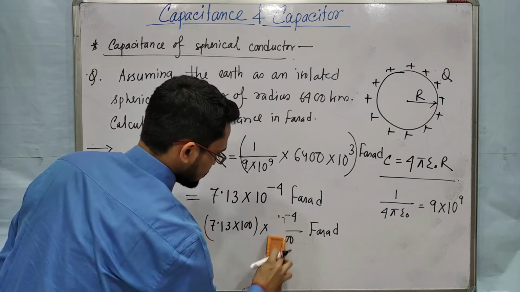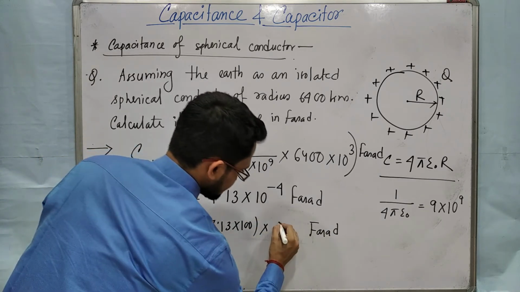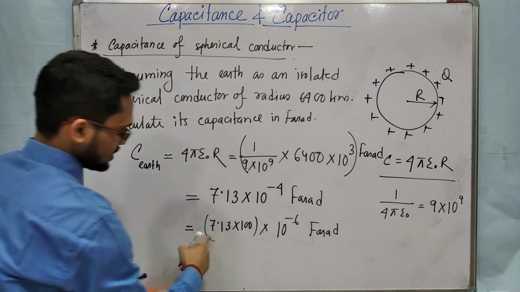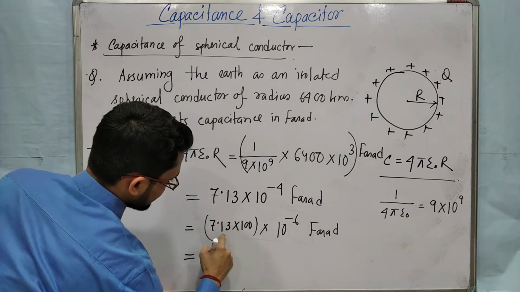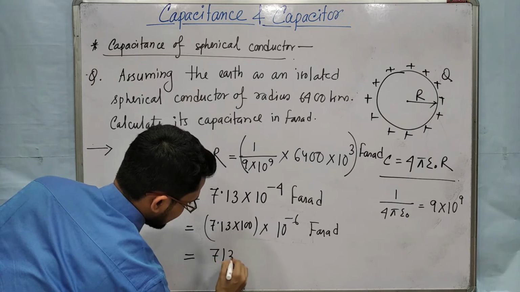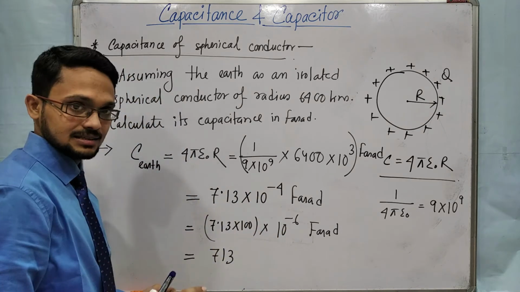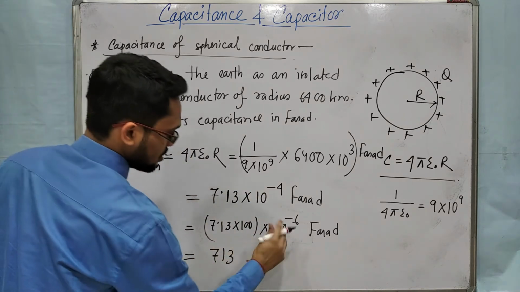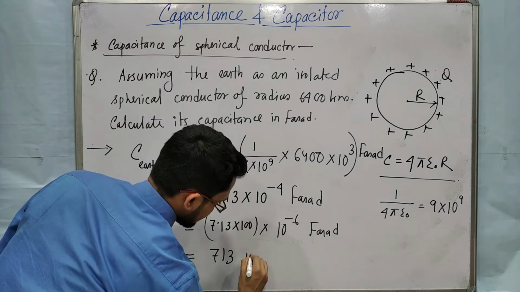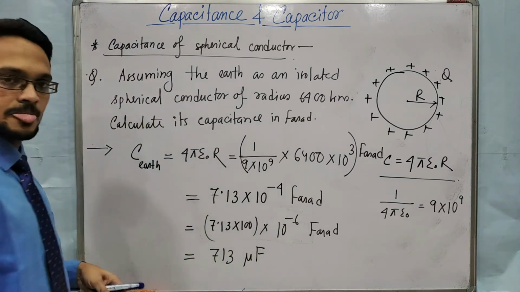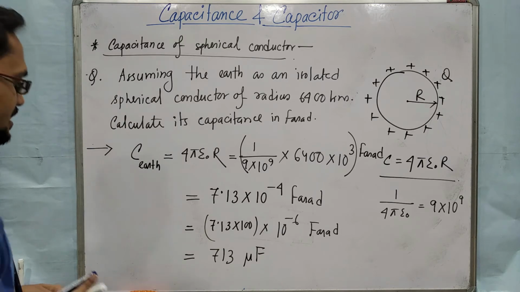The bracketed term will be 7.13 into 100, that means 713. 10 to the power minus 6 means micro. So remove this part and write microfarad. Understand? Very easy problem.